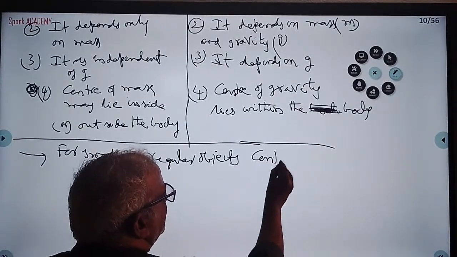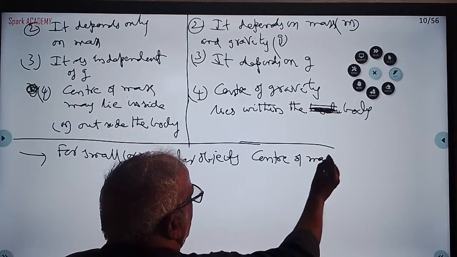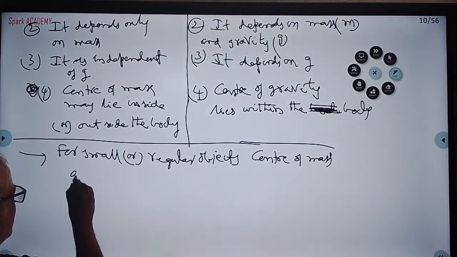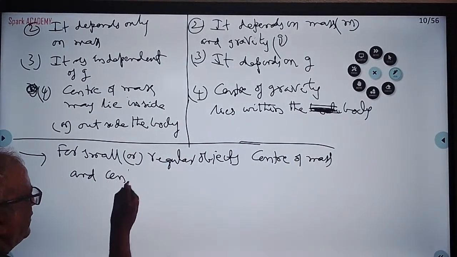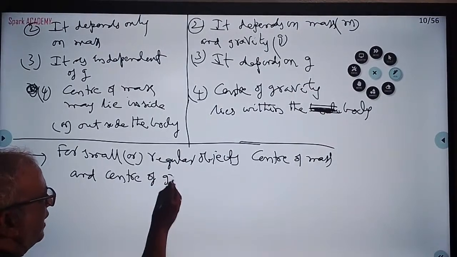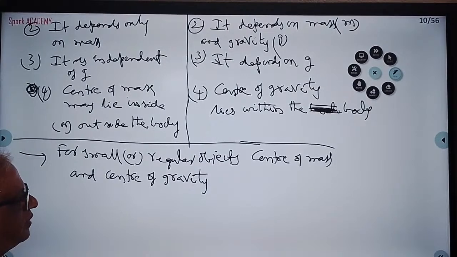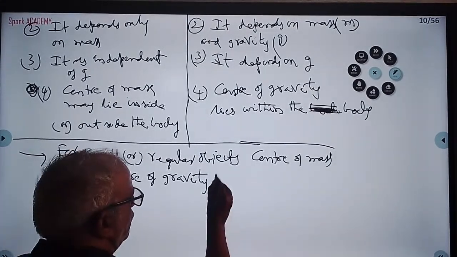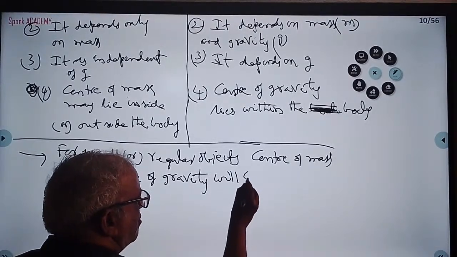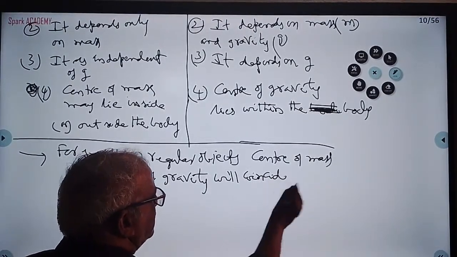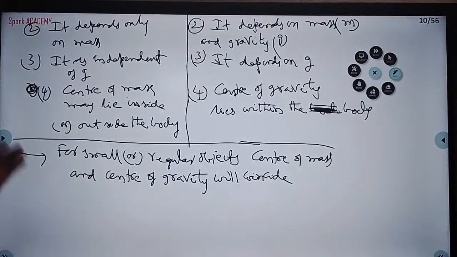When do they coincide? For small objects, like a square plate or a circular plate. This is a general point common to both, not a difference. Now I have written the differences. These 4, if you write, it is enough.